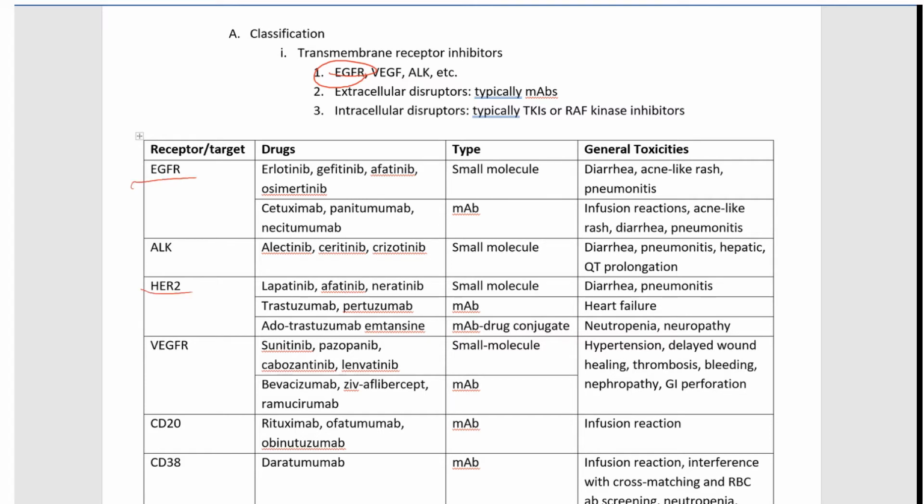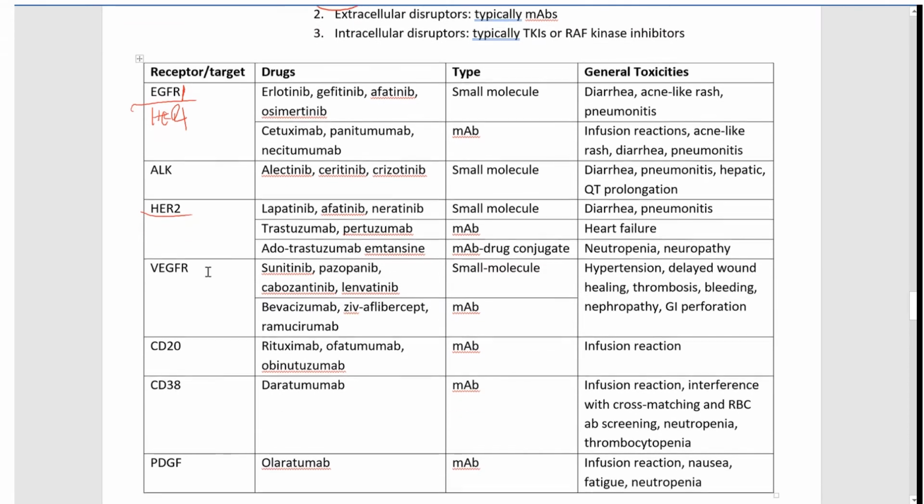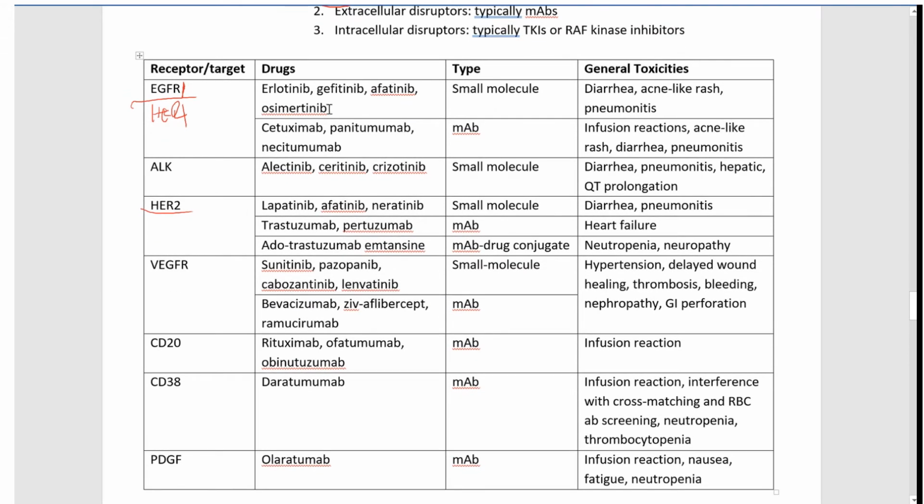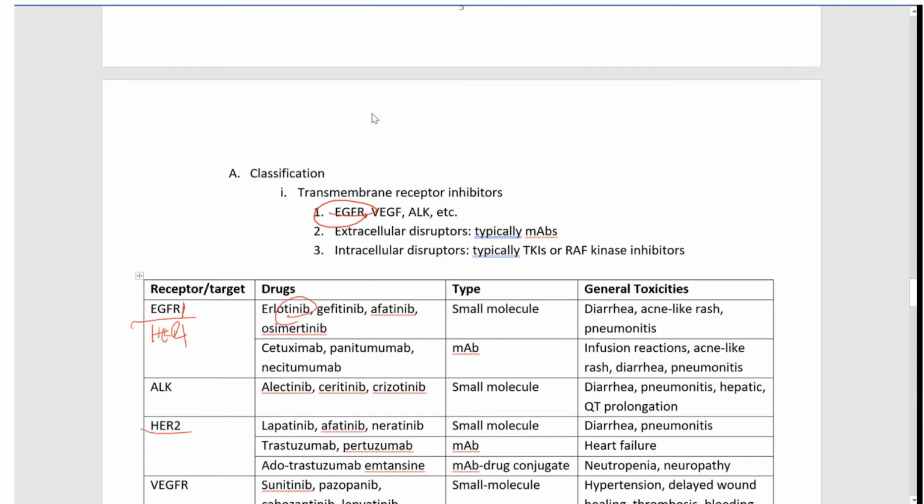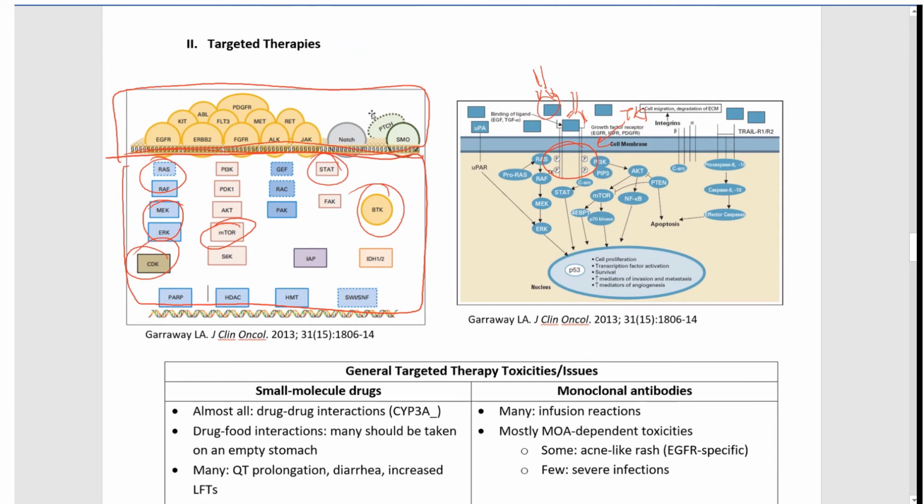EGFR and HER2 are related, so this is EGFR1, we could call that, or HER1 as well. So those are other names for that. They're all related, and these small molecules, you can see that they all end in tinib, which means that they are tyrosine kinase inhibitors. All right, so anything that was a TKI would end in tinib.